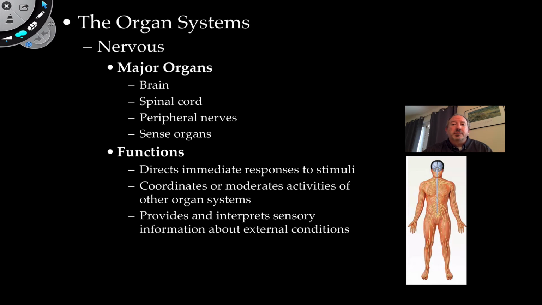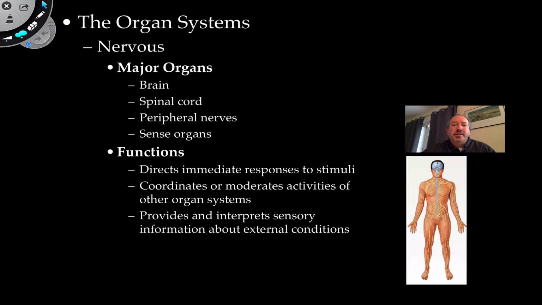We can look at the nervous system. Boy, what doesn't the nervous system do? The brain is the center of thought. We see with the brain, we smell with the brain, we hear with the brain, we act with the brain. It's everything. Spinal cord, peripheral nerves, sensory organs. Basically, the nervous system detects external and internal stimuli, and then it responds in a variety of ways.